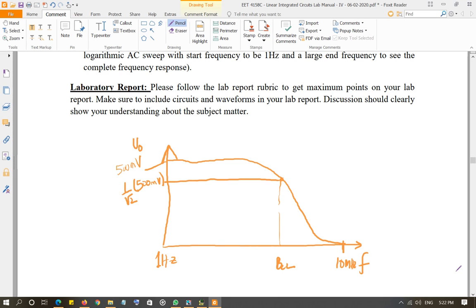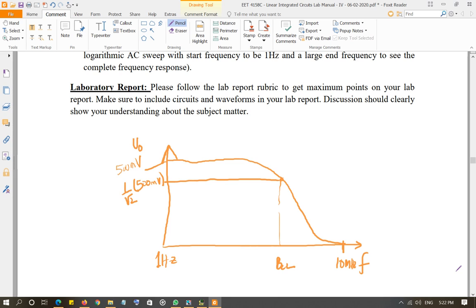In your lab report, what I want to see is a systematic way to present your observations. Any discussion should show your understanding, and for any plot that you have, you need to see if that plot makes sense or not. If it does not make sense, go back and see where you're making the mistake or what you can do.